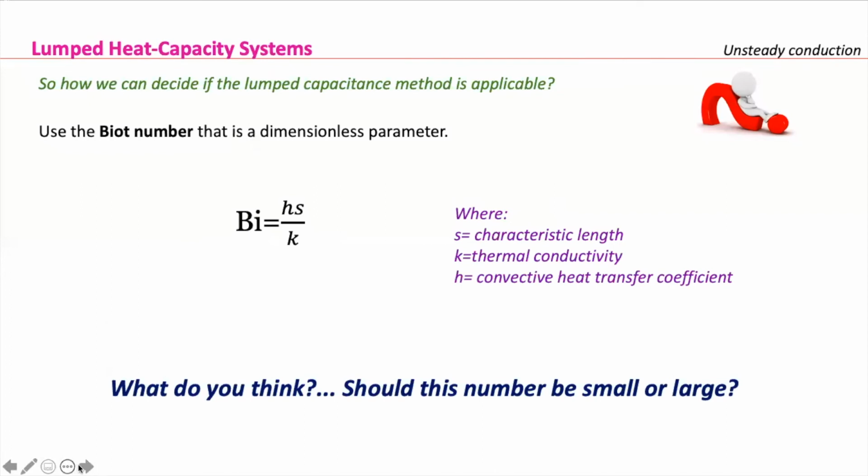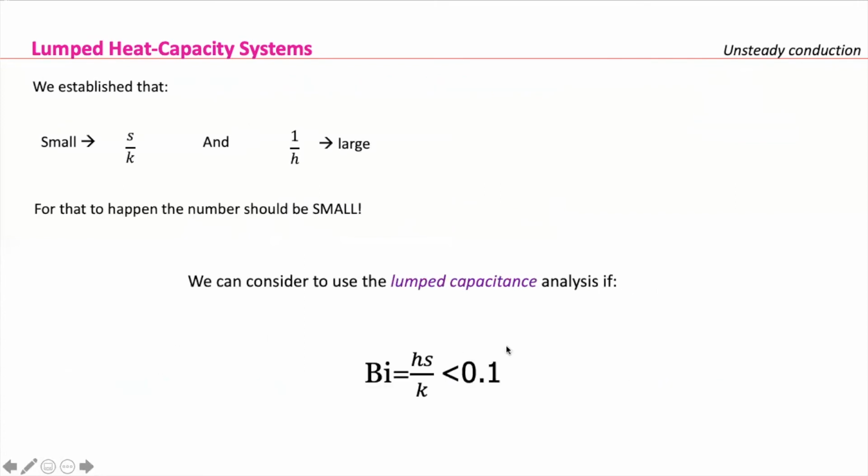Small number, right? And actually, it should be less than 0.1 to consider the use of the lumped heat capacity approach. So that will be our very first step with unsteady state conduction. Get your Biot number. If it is less than 0.1, go ahead and you can apply the lumped heat capacity approach. If not, at this point in this course, you cannot solve the problem, but later on we will see other methods for what happens when the Biot number is larger than 0.1.